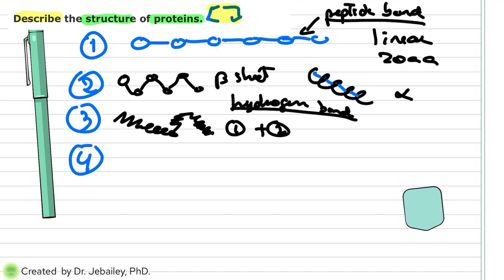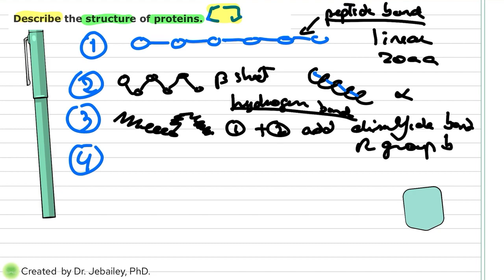That means you do have peptide bonds, you do have hydrogen bonds, but in addition to that, you add disulfide bonds. That means the R groups are now binding with other R groups. An example of that would be the enzyme.